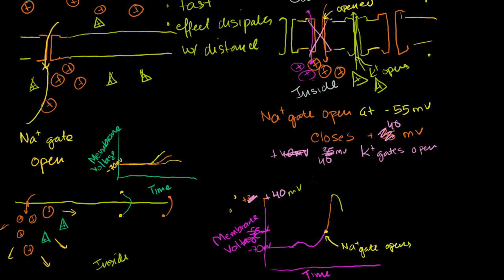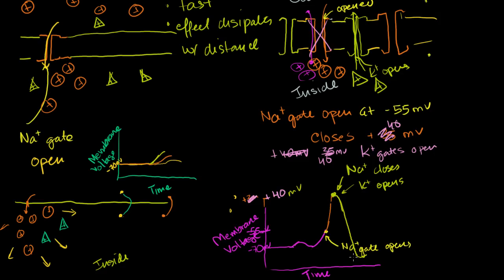We become less positive. So let me write what happens here. So at this point, our sodium gate closes, and our potassium gate opens. Our potassium gate opens, and then the positive charge starts flooding out of the cell again. And maybe it'll overshoot, because it's only going to close maybe once we get to minus 80 millivolts.